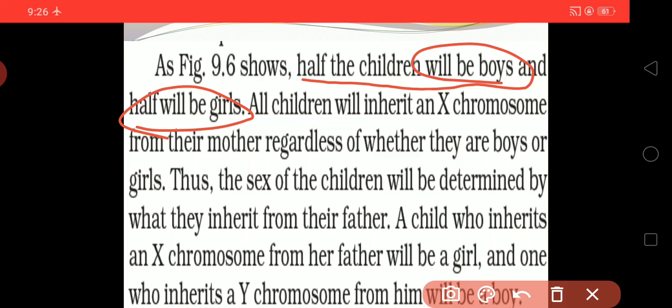All children will inherit the X chromosome from their mother regardless of whether they are boys or girls.